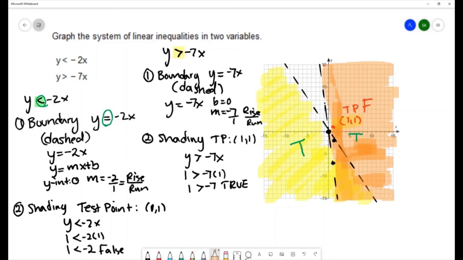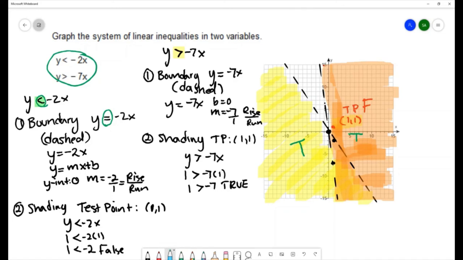So now I've graphed each of these inequalities individually, and we want to talk about the solution to the system as a whole. Now, solutions to the system will be ordered pairs that make both inequalities true. So what I'm looking for is the overlap of these two regions that I've drawn.